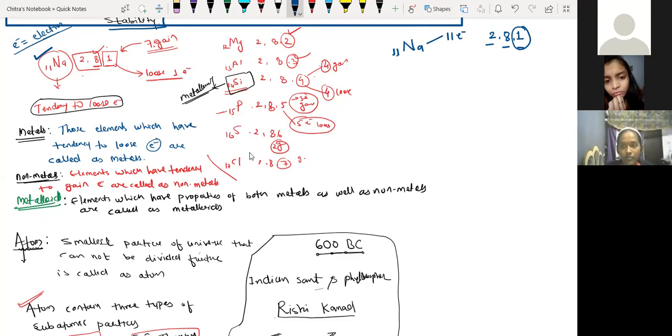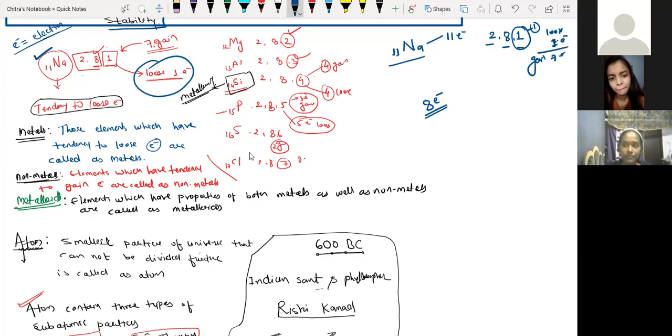But the octet rule says the outermost shell must contain 8 electrons, and sodium has only 1 electron. So now sodium has two conditions. The first is that sodium may lose 1 electron, or it may gain 7 electrons.